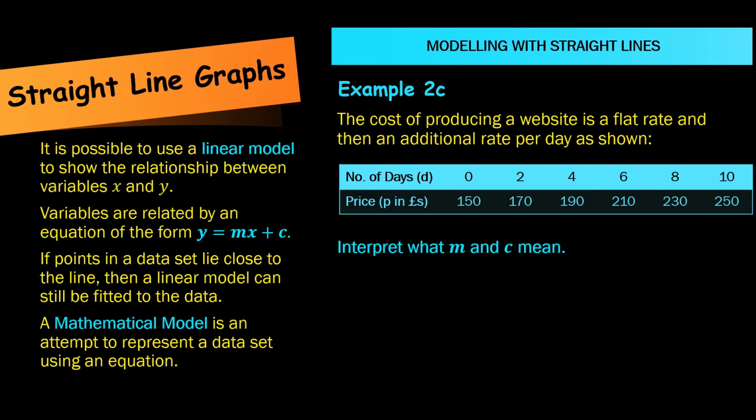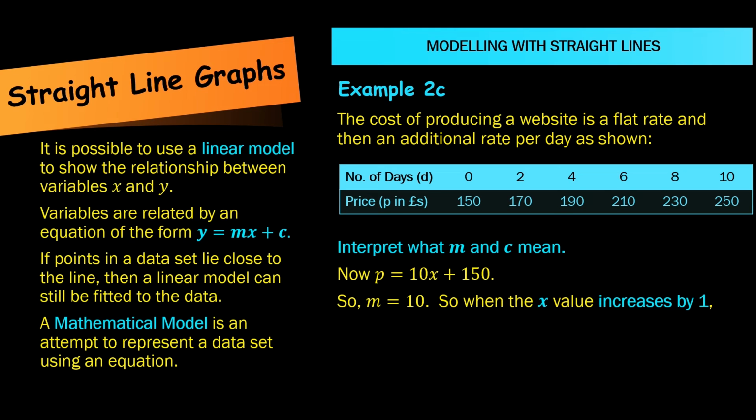Now for example 2c. Interpret the meaning of m and c. So here's our equation, P equals 10x plus 150. This means that when x increases by 1, the value P increases by 10.